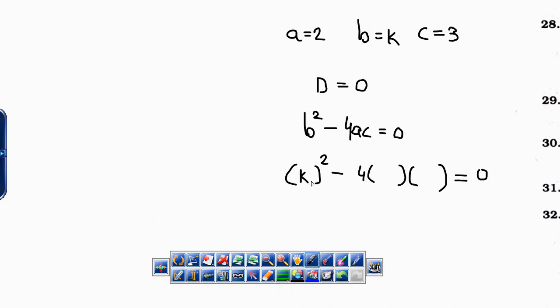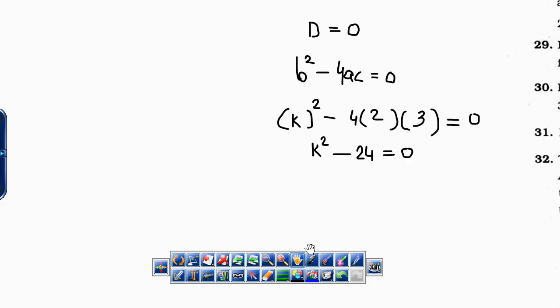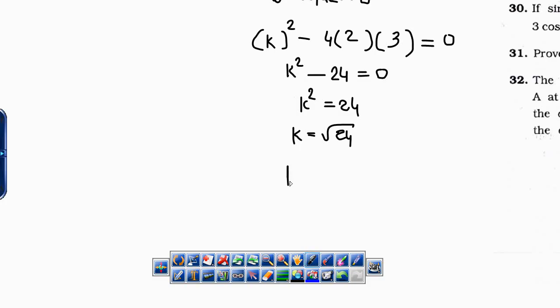B स्क्वायर मतलब k स्क्वायर, A, C, k स्क्वायर माइनस 4 2 8 3 24. K square is equal to 24, k is equal to root 24, but root 24 can be simplified.